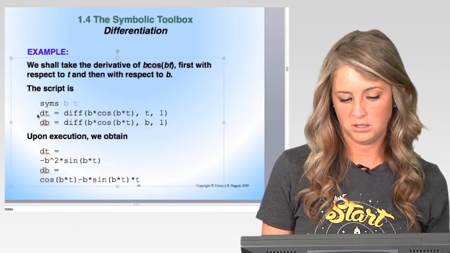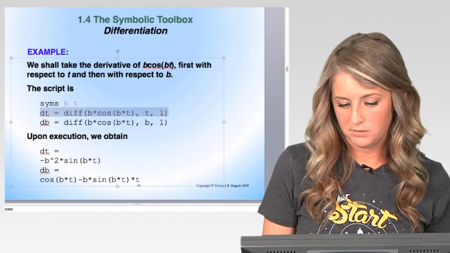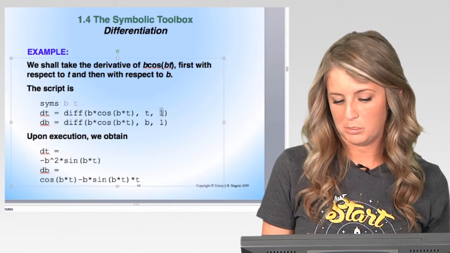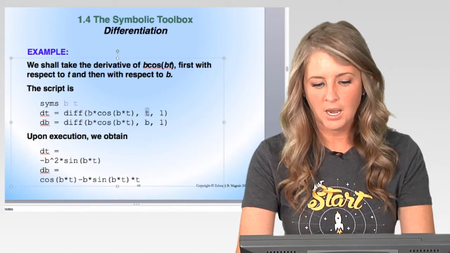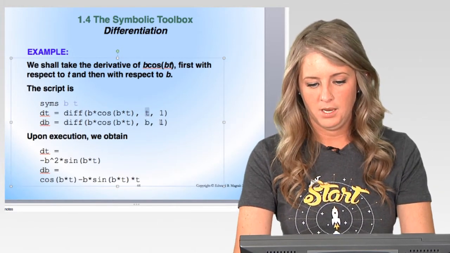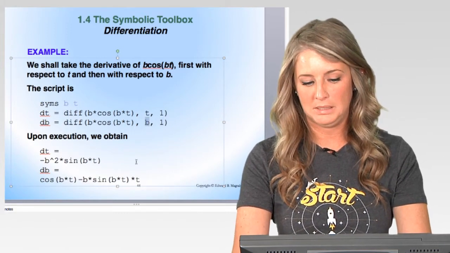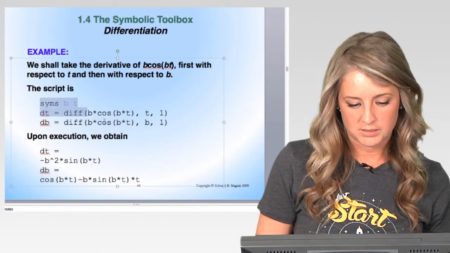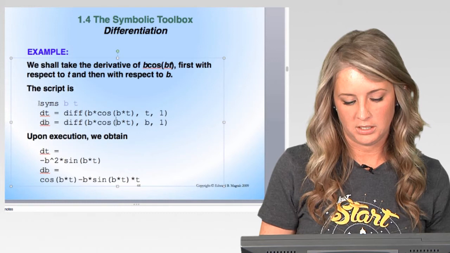This expression here is used to calculate the first derivative, which is what this number represents here, with respect to t. And then here's our function. And then this one here is also the first derivative, but this time with respect to b. And so when we execute this code, if I could highlight it.